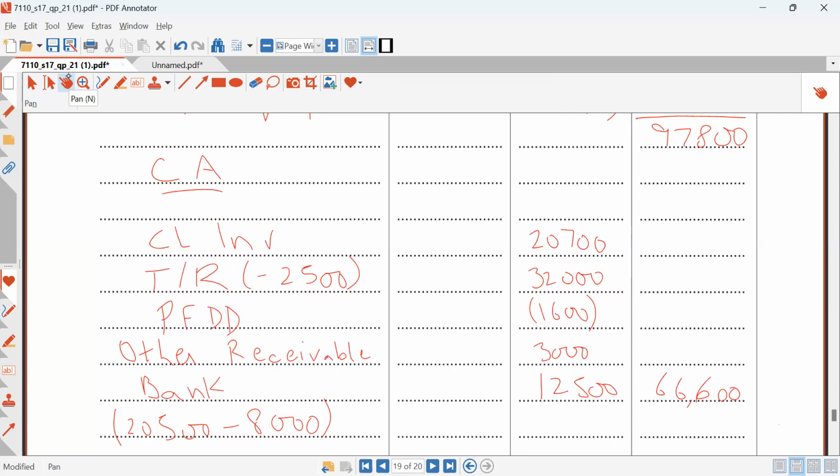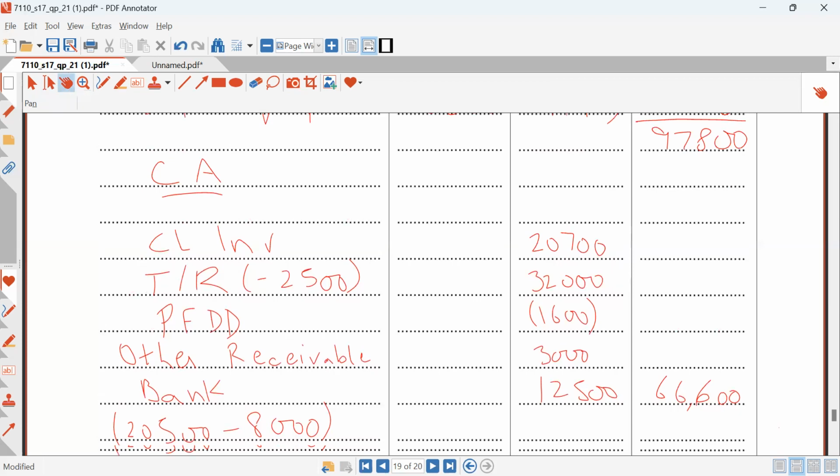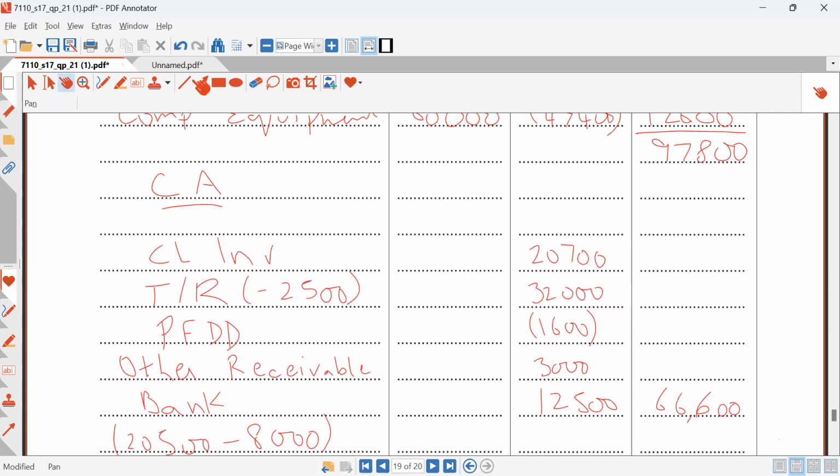We have the non-current asset as 97,800. We have the current asset as 66,600. We will add both of these to get total asset. 97,800 plus 66,600. Total assets are coming out as 164,400.